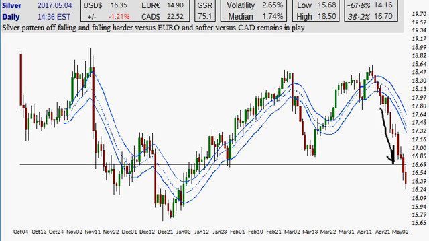Against the euro, it's a different story, as the euro has been gaining strength on the United States dollar, which means silver is actually losing more in their currency. So it's down 1.2%. Well, it's not down as much in Canada, and it's down a bit more in the United States. Free fall to the downside.